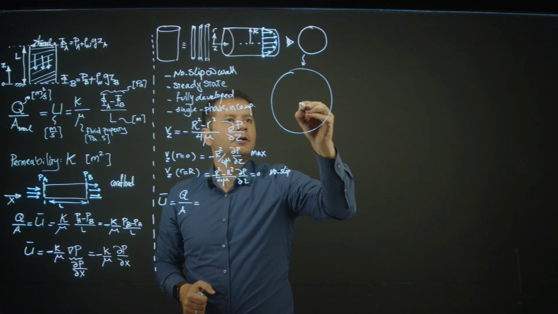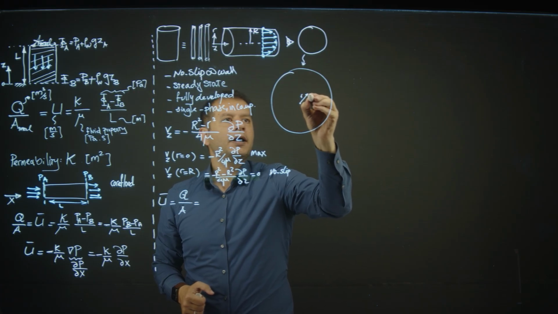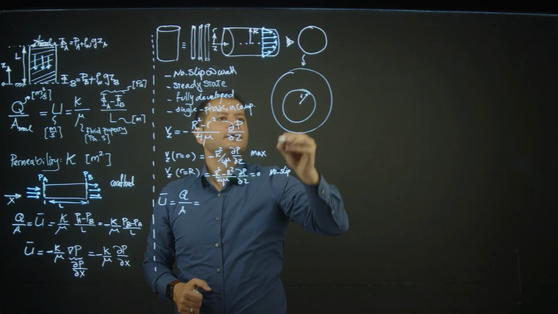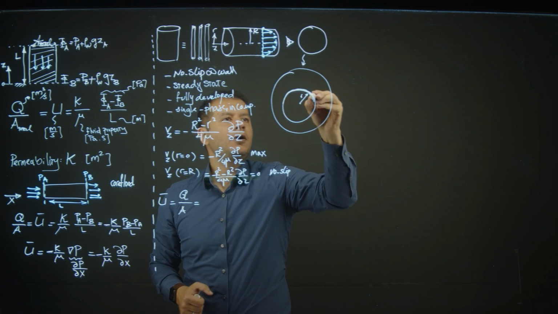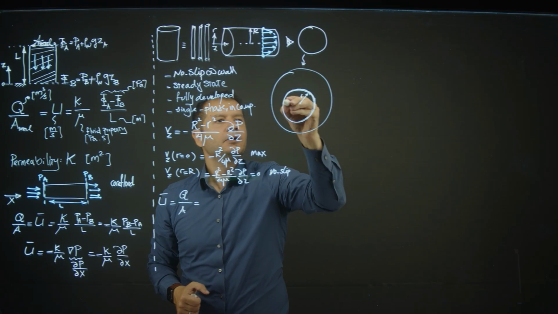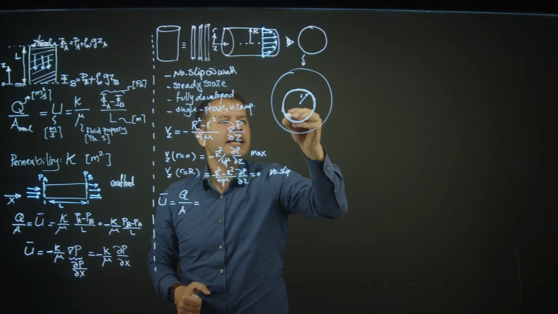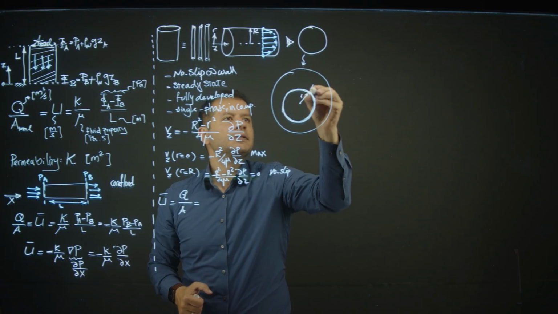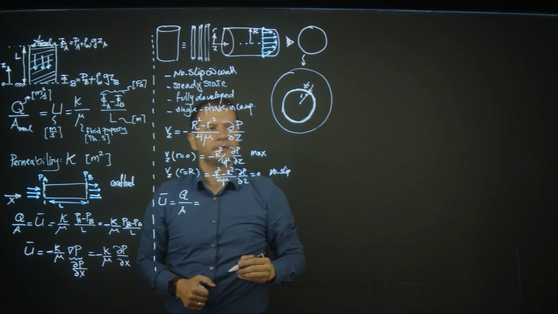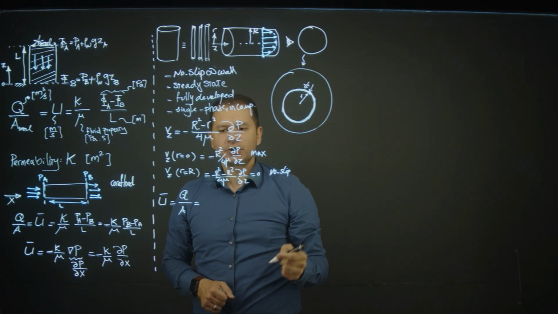From here, I go to the distance r and I make just a band, a small area, which is a ring with the thickness of dr. Velocity at that location is known to me.